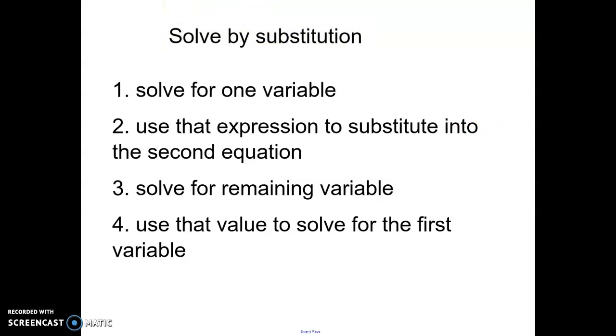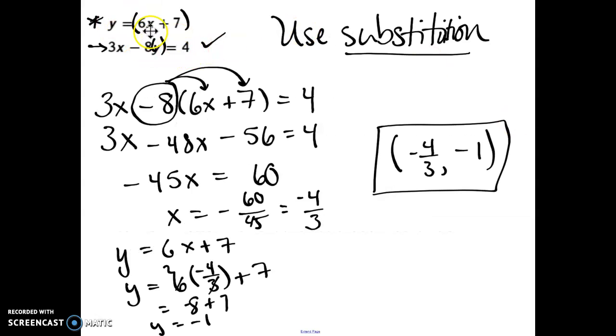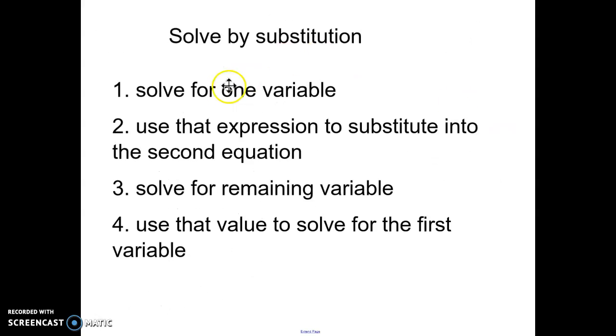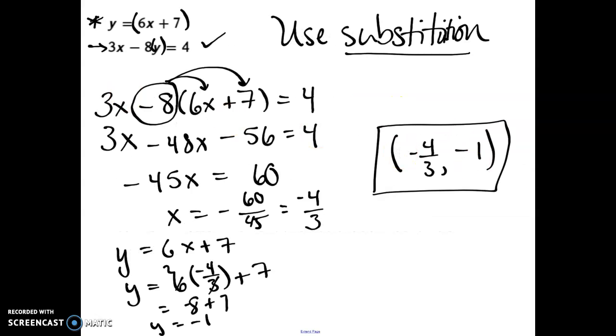So let's go back and look at it. We solved for one variable. We got y all by itself. Then we used that expression, the solved expression, y equals, to substitute into the second equation. We took this y expression right here, and we substituted it into this one to get an equation in one variable.